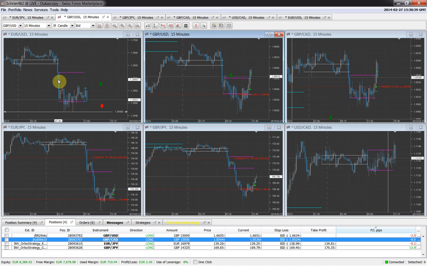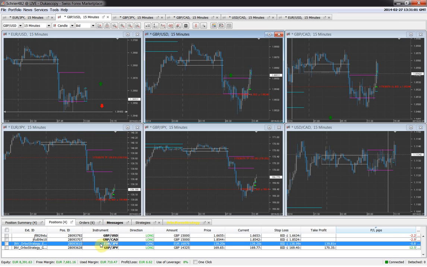All right. Stops in place. Pound CAD is reversing a little bit. Pound yen is paying 13 pips. Four positions open. Euro yen is not going anywhere. I have my hand ready.